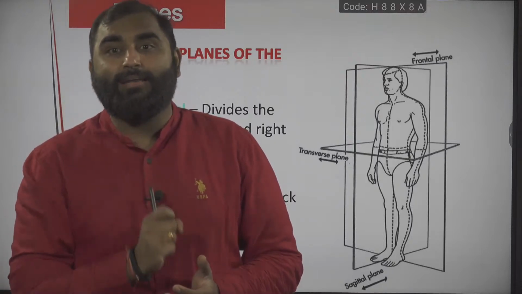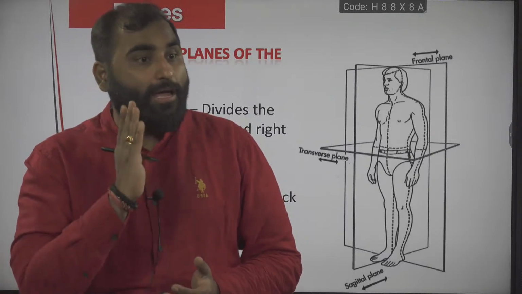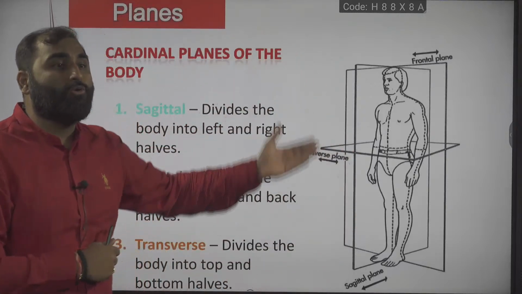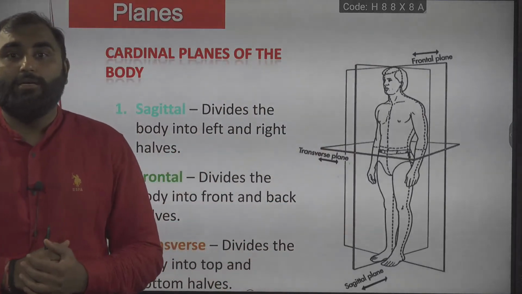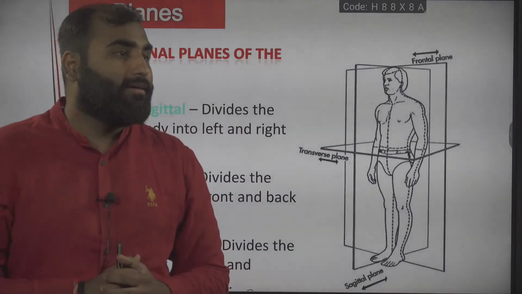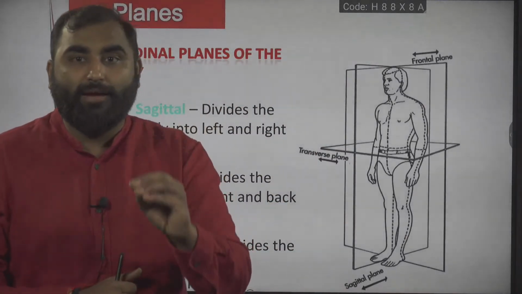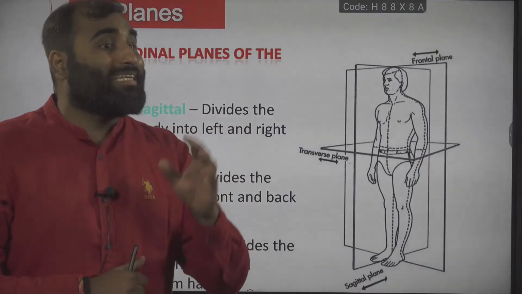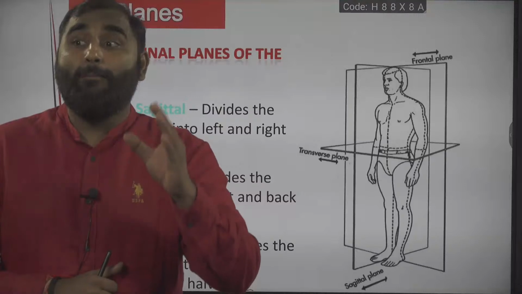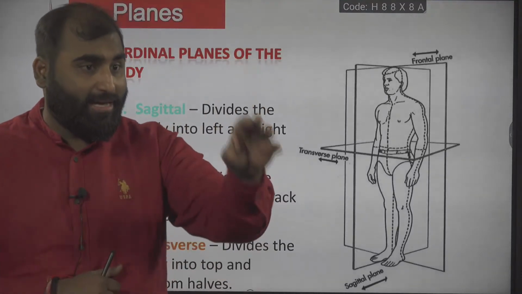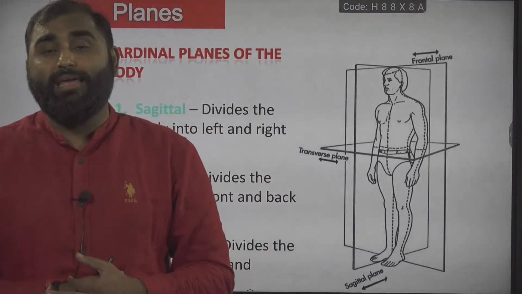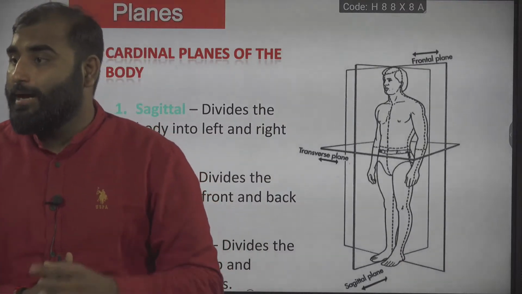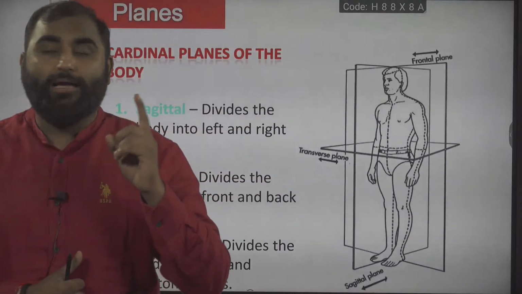So CT scan and MRI scan can show you images in all these three planes. So you can easily see any problem, defect, or tumor present anywhere. CT scan gives much better visualization. Yes, it also uses radiation, since X-ray is used in CT scan. Am I clear, everyone?